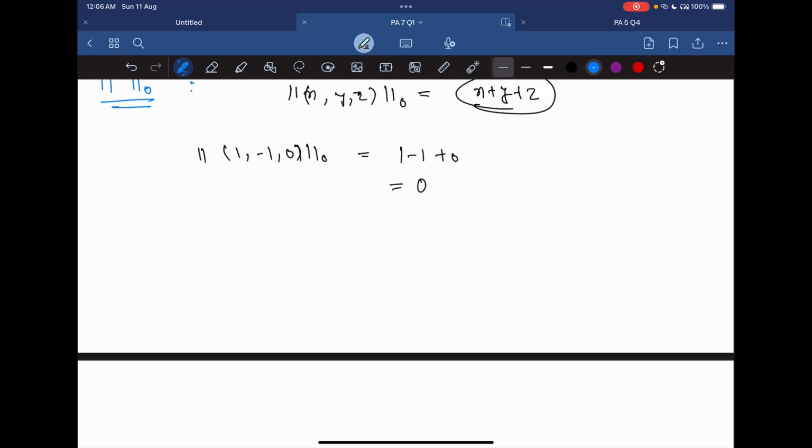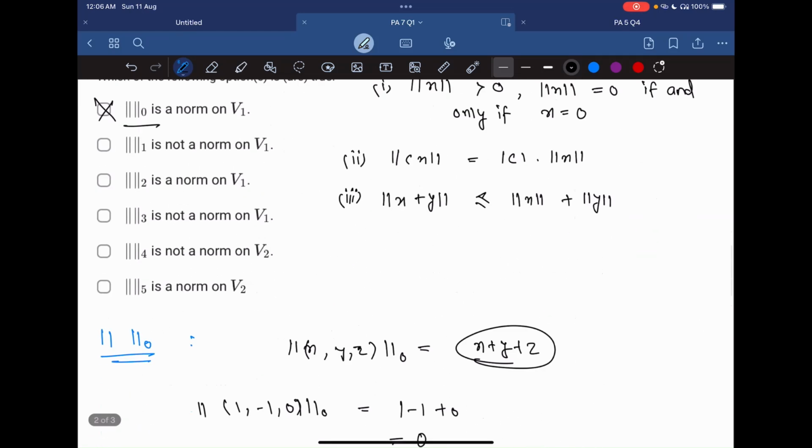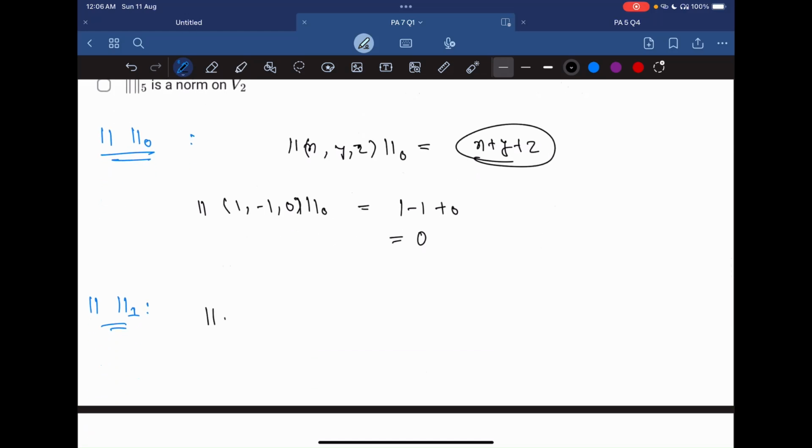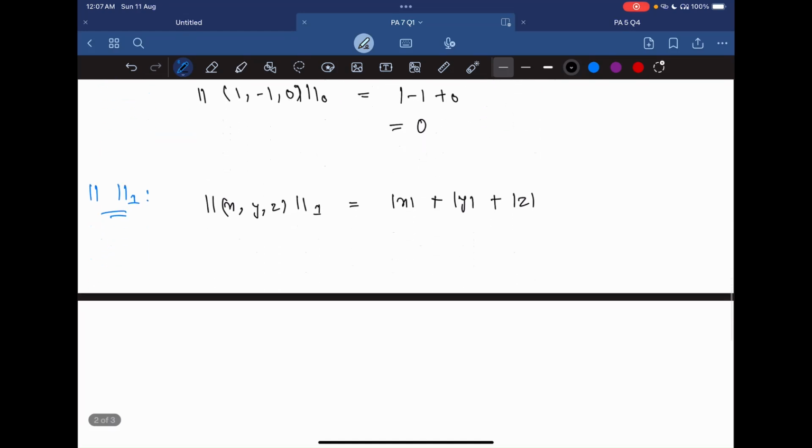Now let's try with the second. So this is defined as the sum of absolute values of the elements. Now let's try checking.